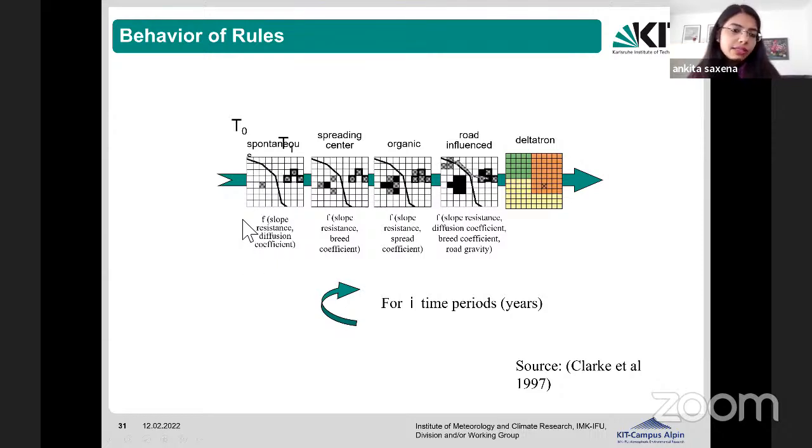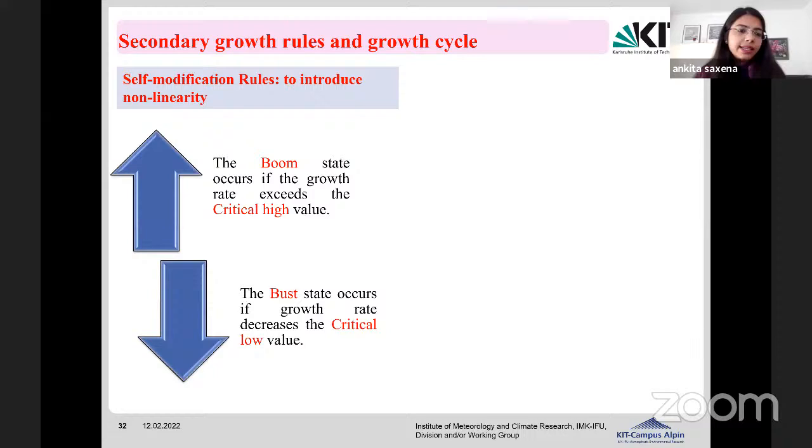Here we can see this is a cellular structure, and each individual cell has its states, which are controlled by some probabilistic, historic relationship, and also the transition rules, which are governed through these 4 rules. And these are secondary level growth rules, which are controlling the non-linearity of the system.